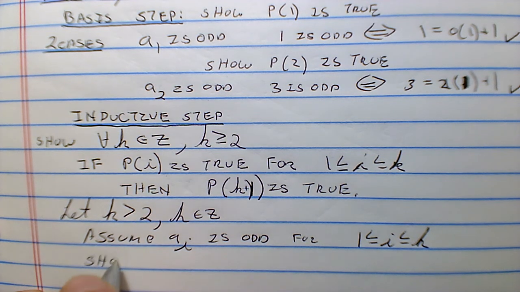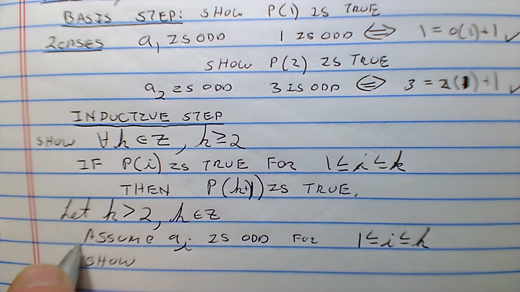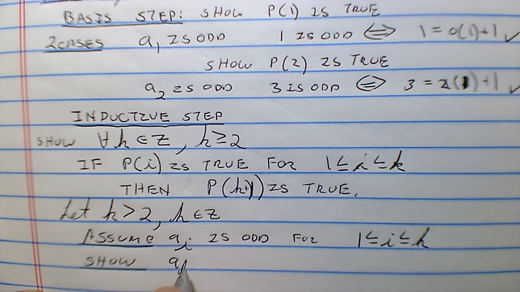And it is important for you to write what you're assuming and what you're going to show here. We need to show that the next one, a sub k plus 1, is also odd.